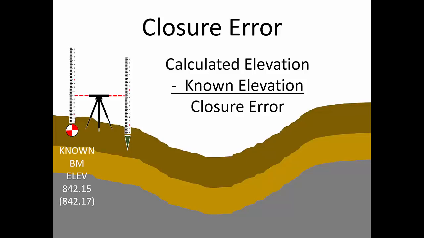However, that benchmark already had a known elevation of 842.17 feet that you can see in parentheses at the left. Therefore, 842.15 feet minus 842.17 feet equals a negative 0.02 feet. That is, the level circuit closure error is negative 0.02 feet.